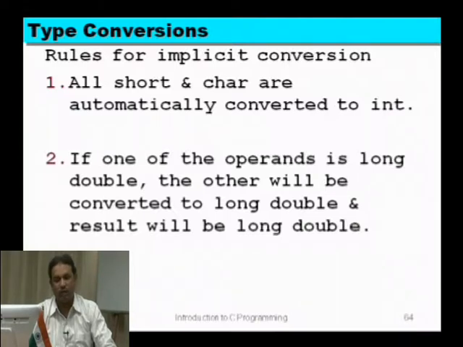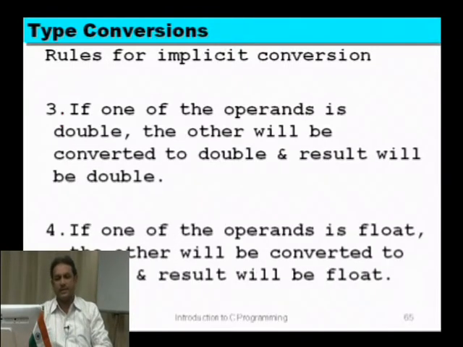The other will be converted into long double and the result will also be long double. It may be an integer or a float, so it will automatically convert into long double and the result will also be stored as a long double.